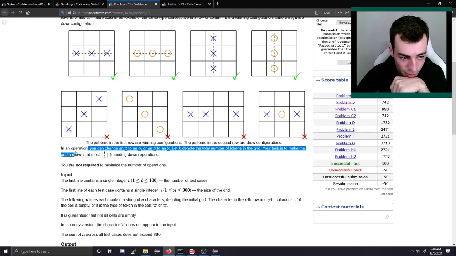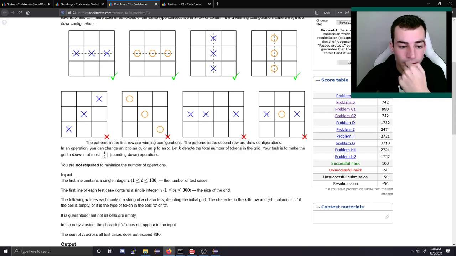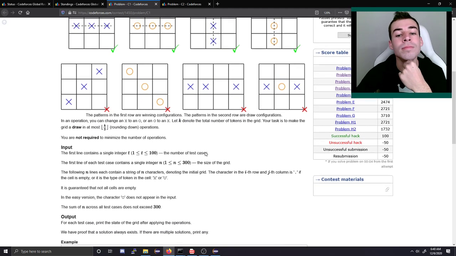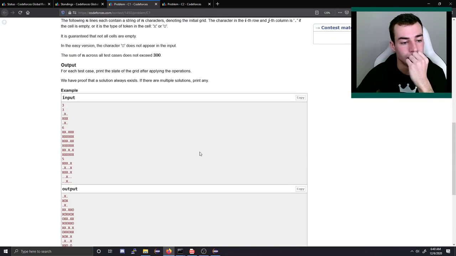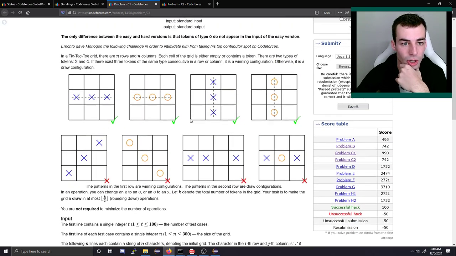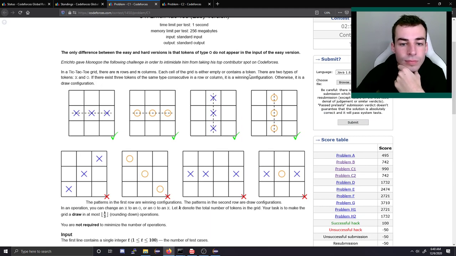You want to make a draw in at most k/3 operations. The task is to make the grid a draw. Oh, I see. What is a draw? Okay, diagonal doesn't count.